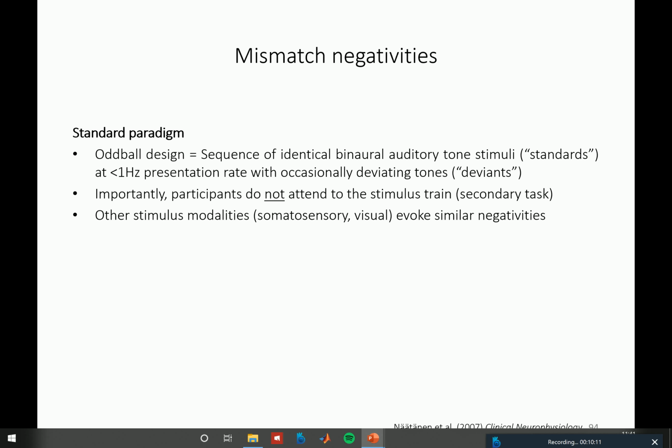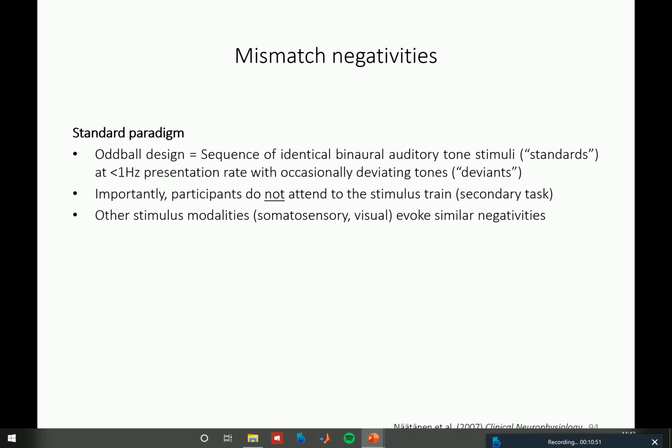The point of this oddball design is that there's a sequence of similar stimuli referred to as standards, and sometimes a deviating tone occurs, which is then referred to as a deviant. So something like do do do do do do do do, something like this. That's the oddball design, which of course you can also have in different modalities. So we did quite some work in the somatosensory domain. Also in the visual domain, the mismatch negativity has been described.